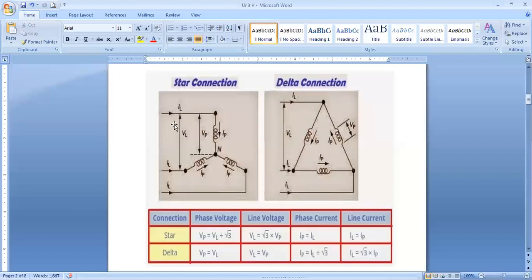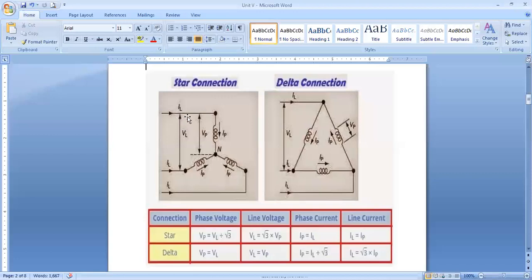Here also, for the star connection, the incoming current for a single line is the current towards the neutral. That's why for the star connection we can say that the line current is equal to the phase current, or the phase current is equal to your line current.